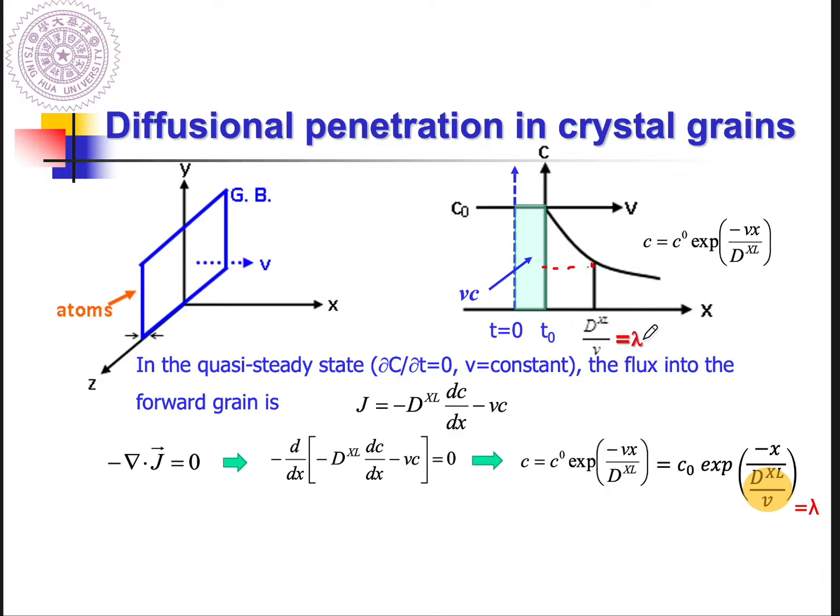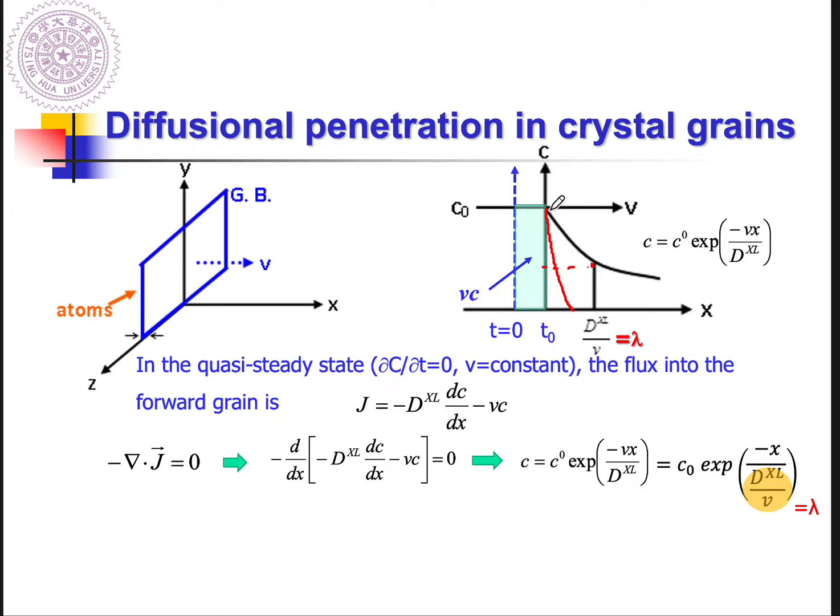And if lambda is very small, what does that imply? It means the diffusing atoms did not diffuse very deep. They just diffused slightly into the grain.